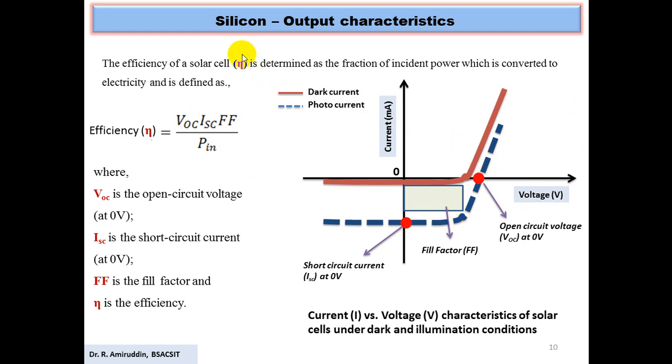So silicon based solar cells, or solar cells in general, work under photovoltaic mode because here we can see that under light, even at 0 volt, the solar cell contributes to external photocurrent. So the device which works under 0 volt is referred to as a photovoltaic device.